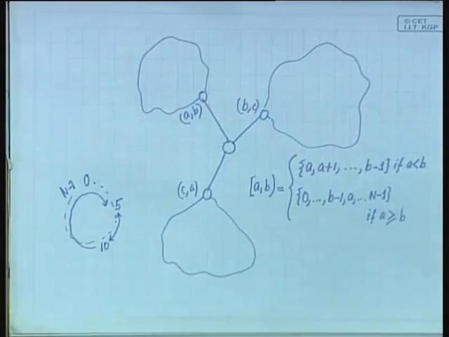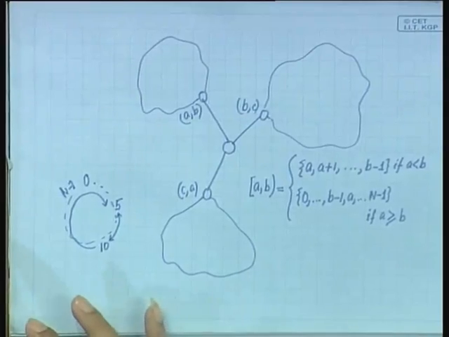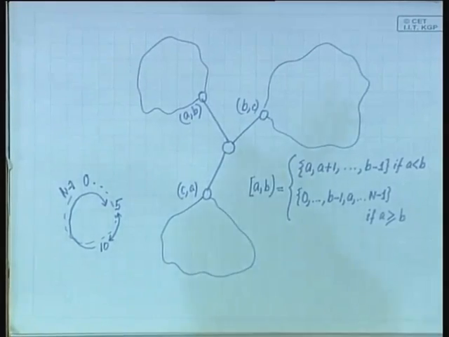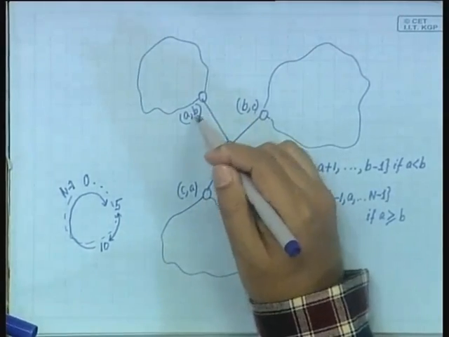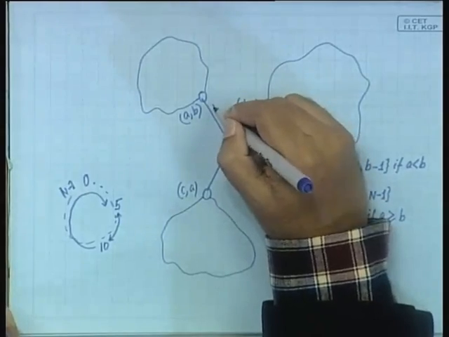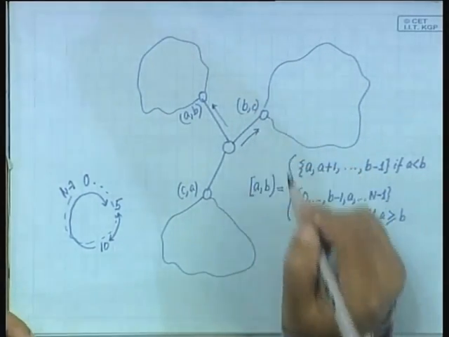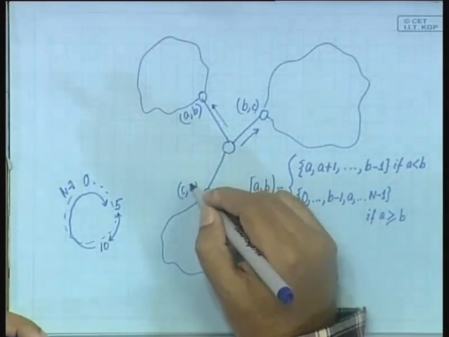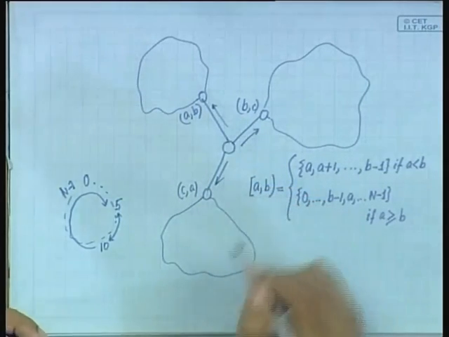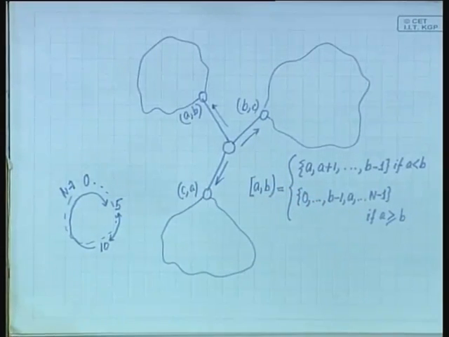Why do we want this kind of an interval? Because then we know that if the address is within this range, then this becomes the next node. If the address is within this range, then this becomes the next node. If the addresses are within this range, then this becomes the next node, right.